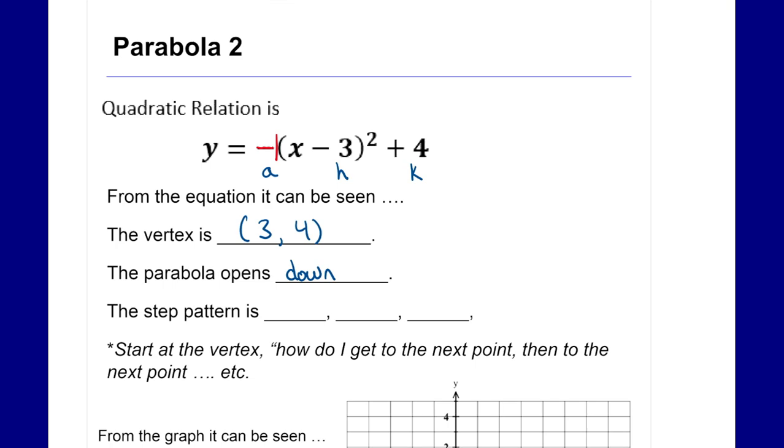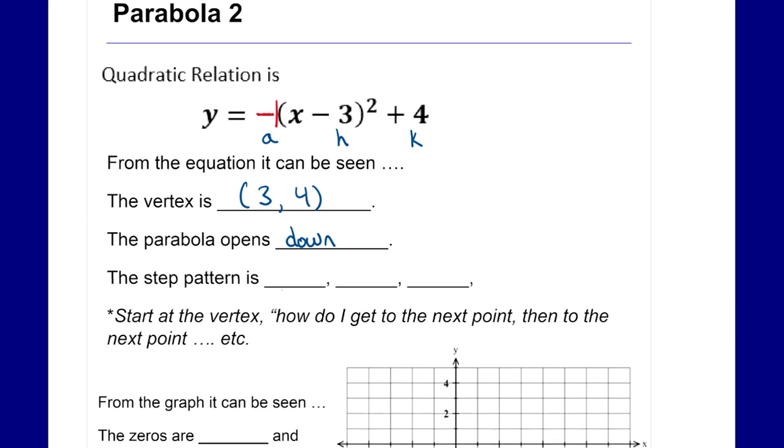The negative a value tells us it opens down. The step pattern is -1, -3, -5, and we get that from the basic form, which was 1, 3, 5. Because our a value is -1, we multiply each of those by -1, which just changes the sign.